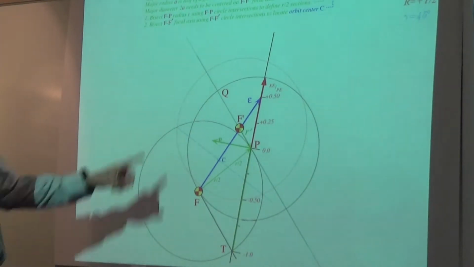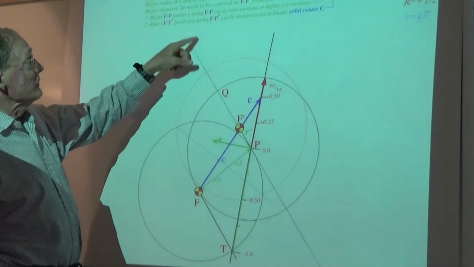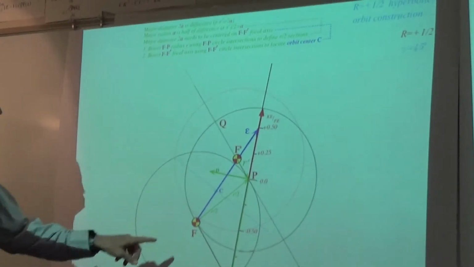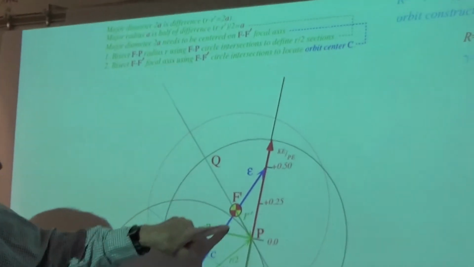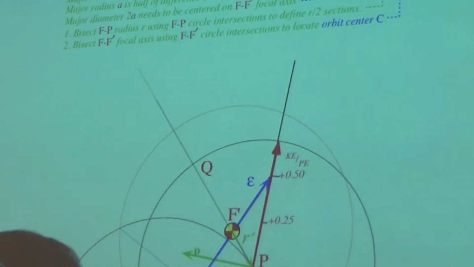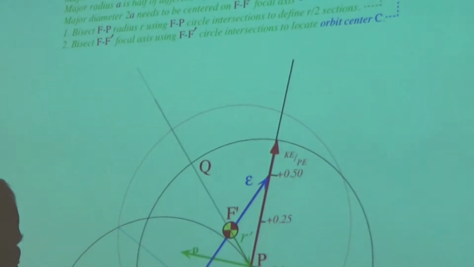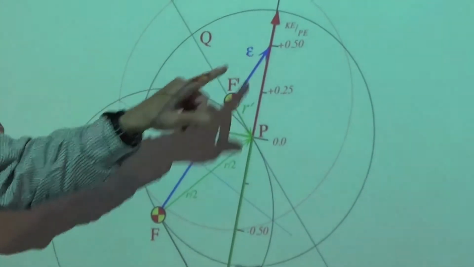And then, that's what this says, bisect, then bisect this to get focal axis F prime. This right here is, now I've got a perpendicular to the axis of our conic section.